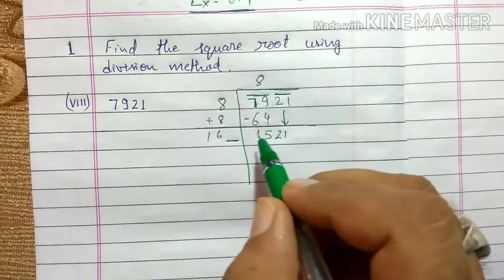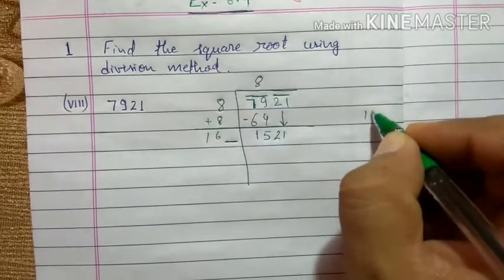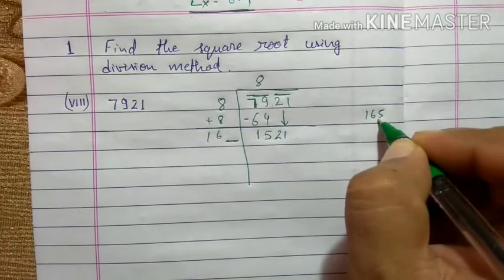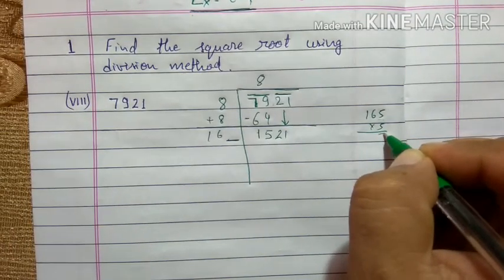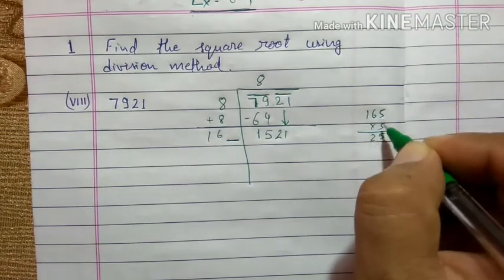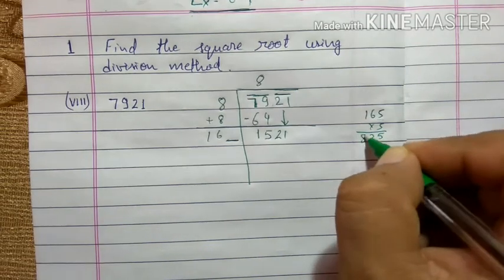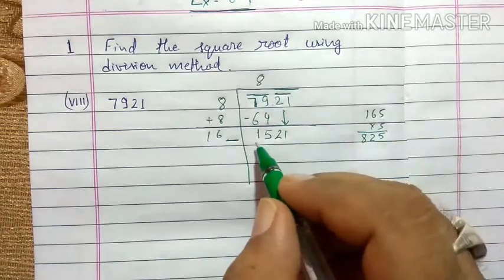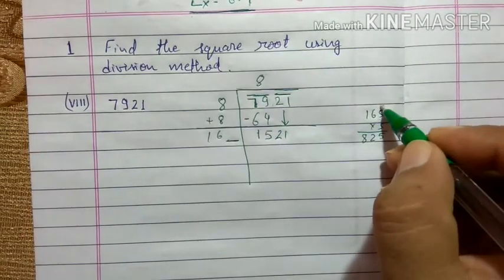If we take 165, I have taken 5 here, so it is multiplied by 5. So 5 fives are 25, 5 sixes are 30, 30 plus 2 is 32, and 5 ones are 5 plus 3, it is 825. 825 is much smaller than 1521.